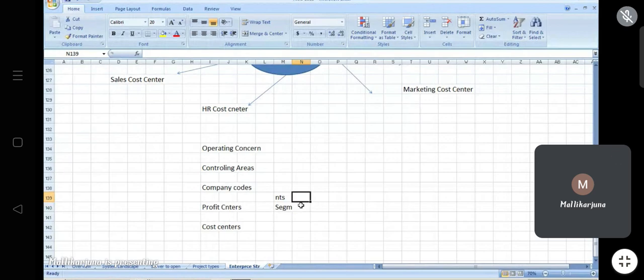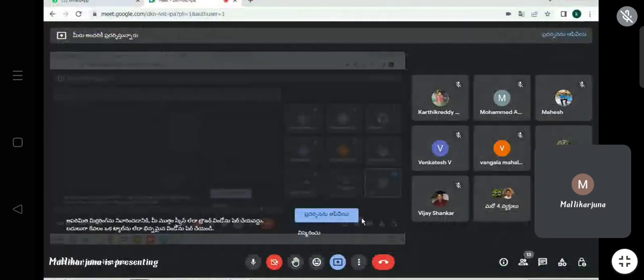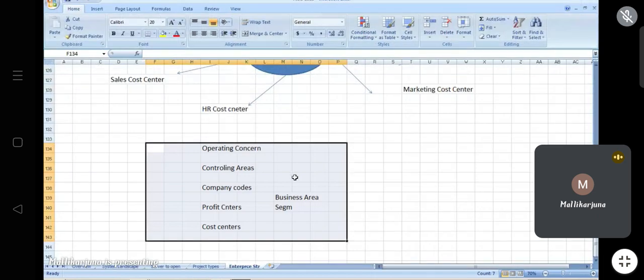So normally one would say this is the structure of the FICO organizational structure. This is the fundamental. Before we get to the SAP configuration, one must understand the structure of FICO.